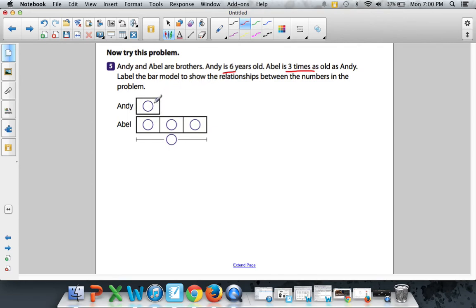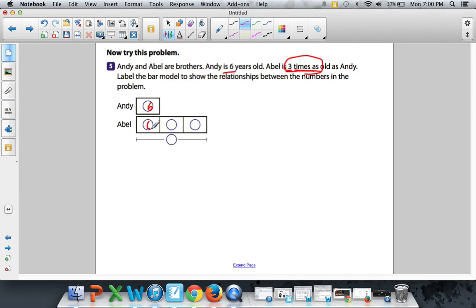Andy was 6. And you might be tempted to write a bunch of 3s in here because you see a 3. But that 3 doesn't go in there. That 3 is to tell us how many boxes we need, how many times older Abel is.